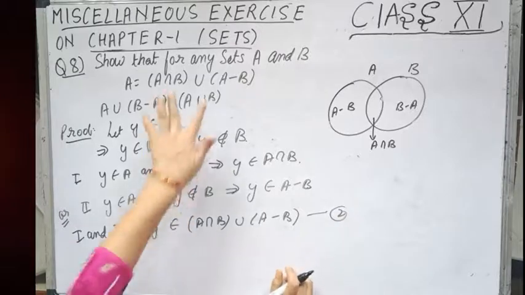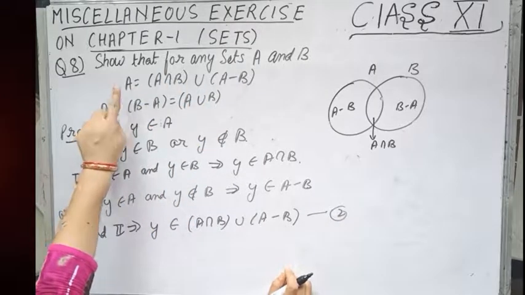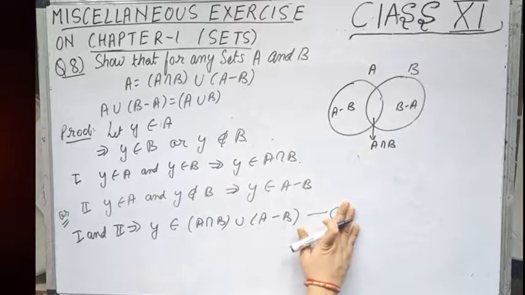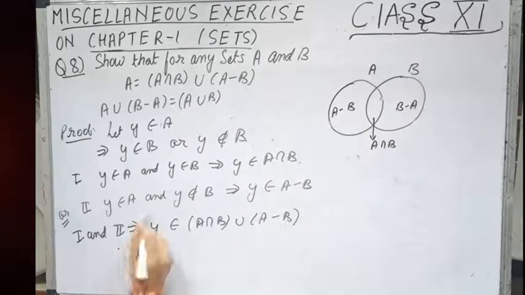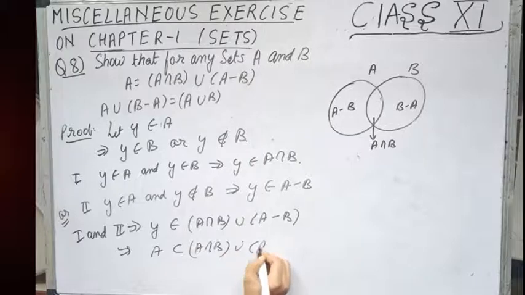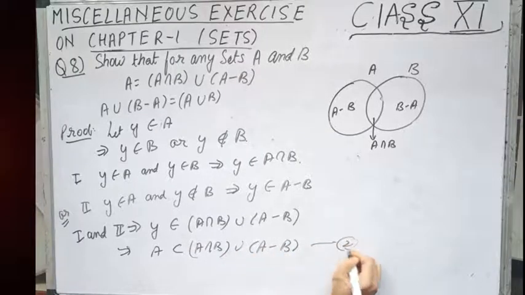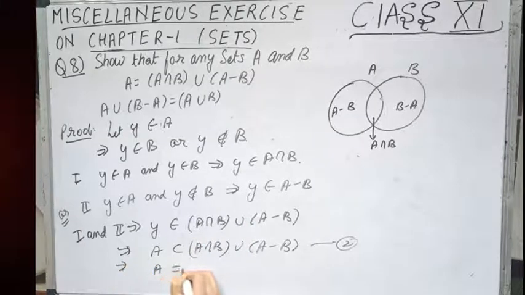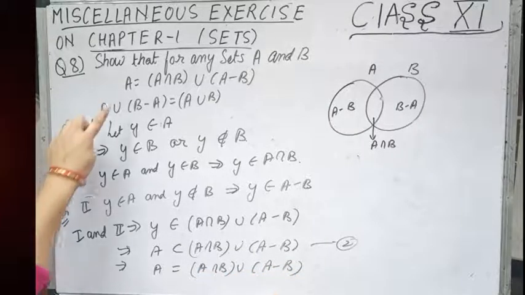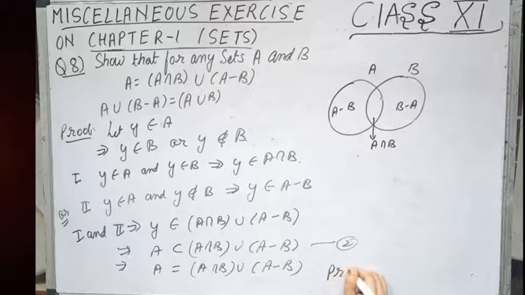We started with A, so this implies A is a subset of A intersection B union A minus B. Let us make it equation number 2. From 1 and 2 we can write A equals A intersection B union A minus B. So this part is proved.